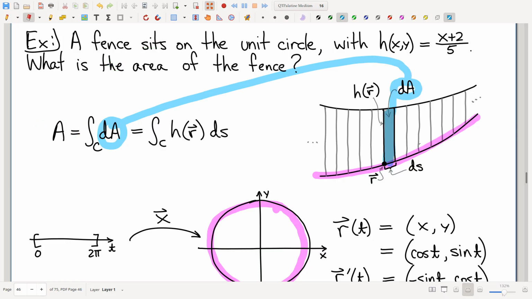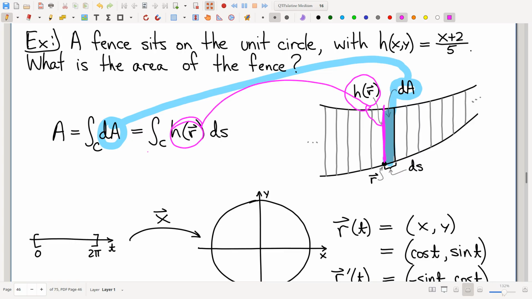Okay, great. What's the area of one of these pickets? Well, it's height times the length of the base here. Reasonable case, right? Is everybody comfortable with that? Height times base gives you the area.